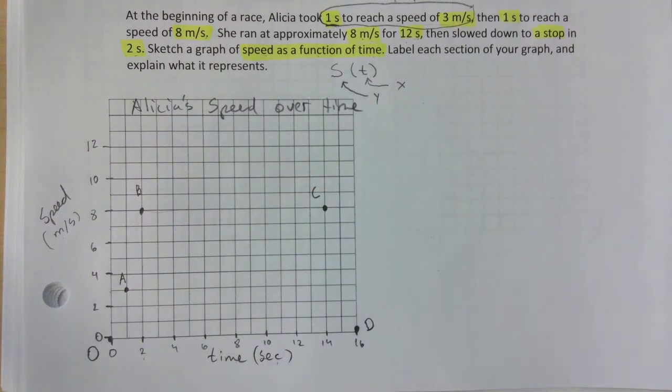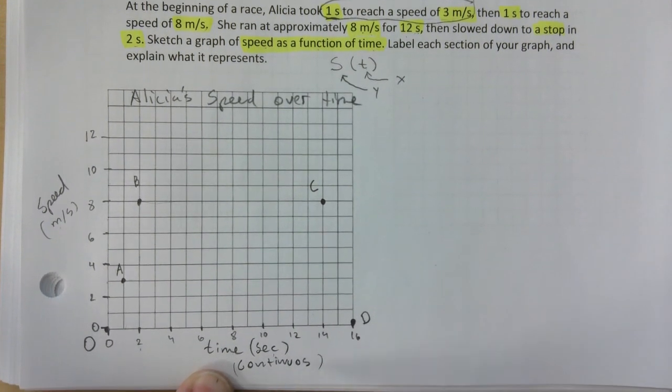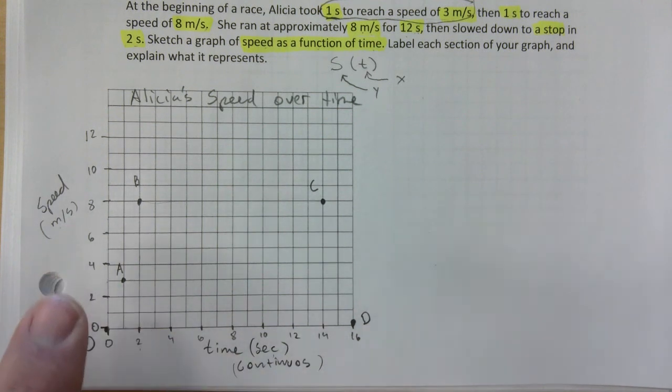Before you go ahead and connect your dots, okay? Can we connect the dots? Is it possible to do that? And the answer is, let's see, time, right? Time, you can have fractions of seconds, like you can have decimals of a second. So this is continuous. We'll just make a note of that. Speed, you can definitely have anything in between, right?